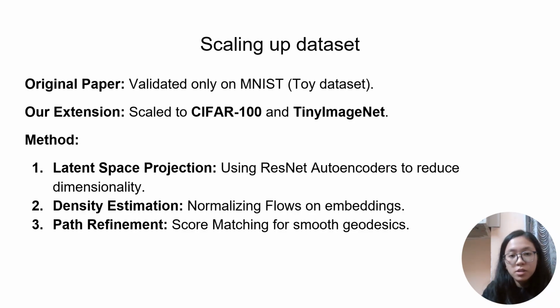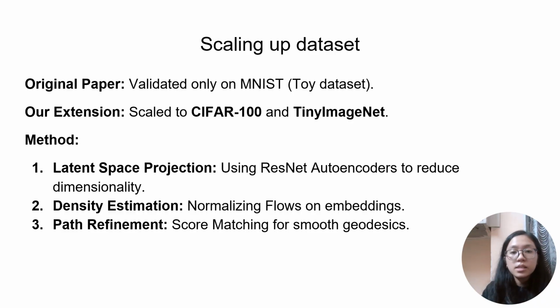To make this possible, our method is built around three components. First, latent space projection. Instead of working in raw pixel space, which is extremely high dimensional and sparse, we use ResNet-based autoencoders to compress images into a meaningful latent representation. Secondly, density estimation. We apply normalizing flows on these latent embeddings to learn an exact tractable density function.